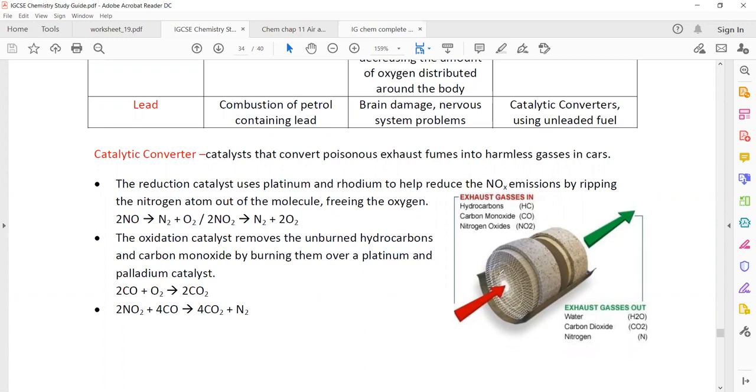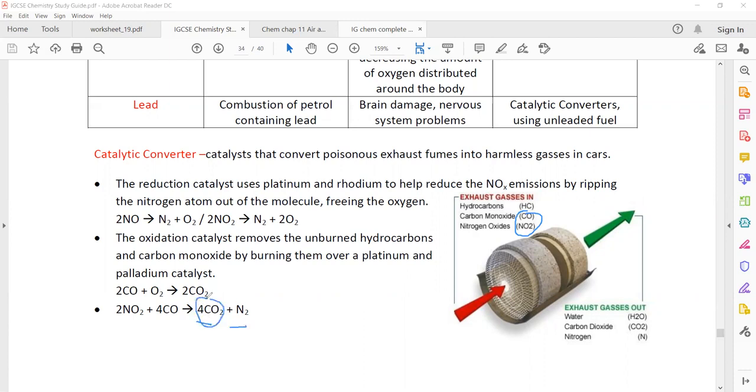Fine wires with a platinum coating, or palladium, are used as a catalyst. So what it does is cause a reaction, the overall reaction, between carbon monoxide and oxides of nitrogen in the presence of this catalyst. What is the result? It results in the formation of carbon dioxide and nitrogen.